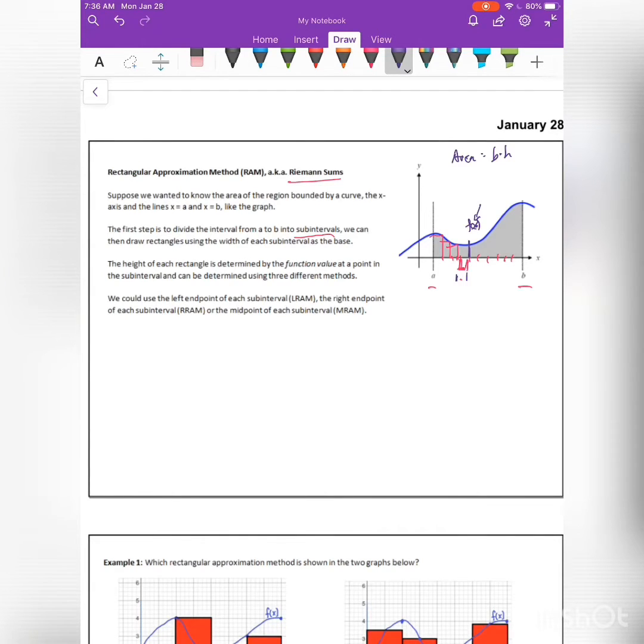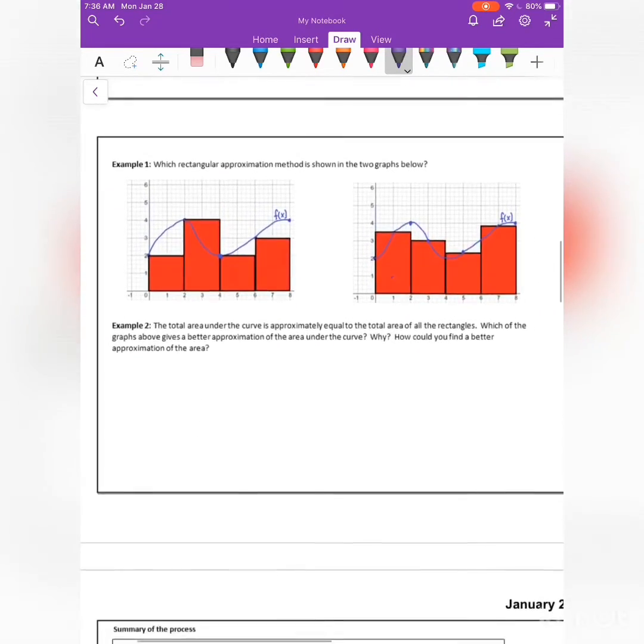So quick notation, we're going to talk about something called a left endpoint, which you might see abbreviated like this. A right endpoint would be RAM, and then there's a midpoint, which is abbreviated like this. So let's see a couple of those and what they look like.